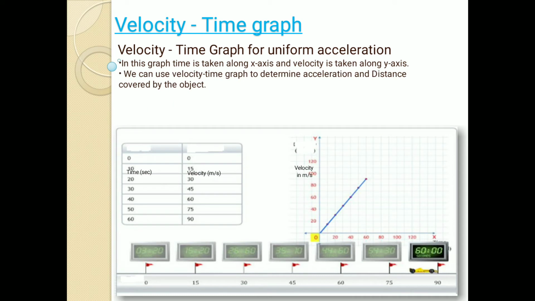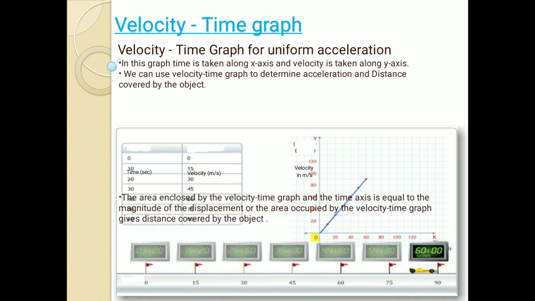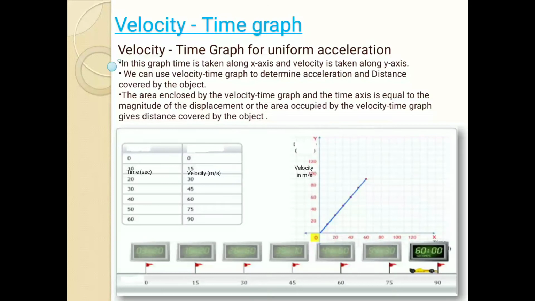So we can use the velocity time graph to determine acceleration and the distance covered by an object. Yes, we can find the distance covered by an object using the velocity time graph, and we can calculate the acceleration of the object. This is very important. Listen carefully.